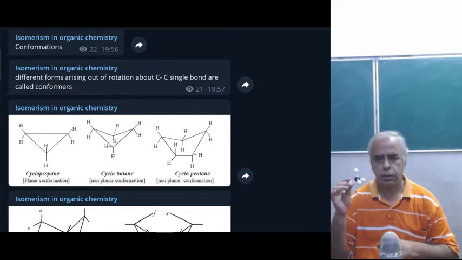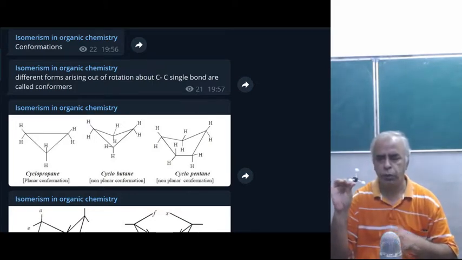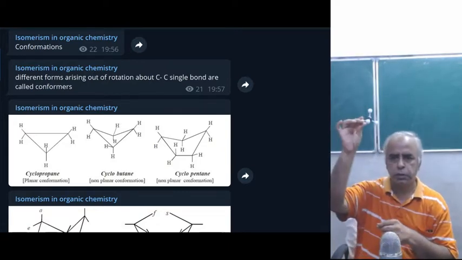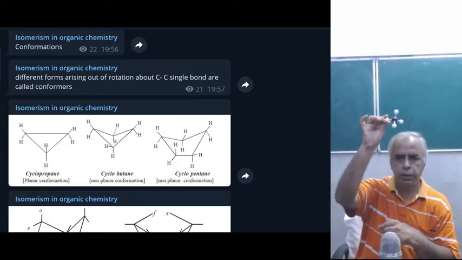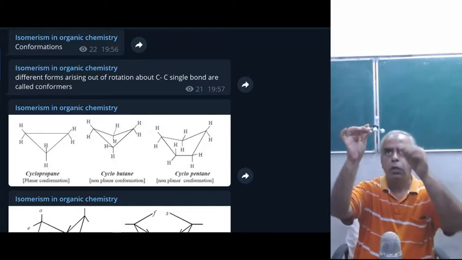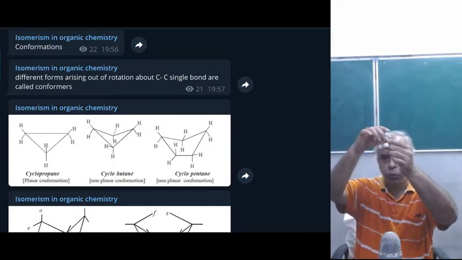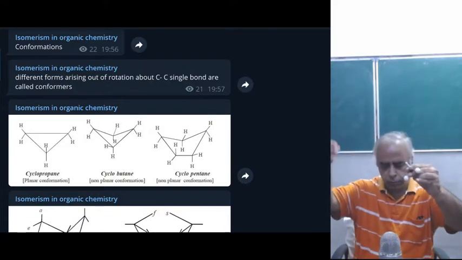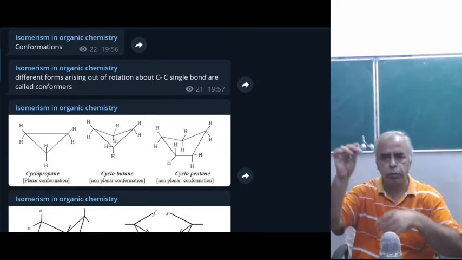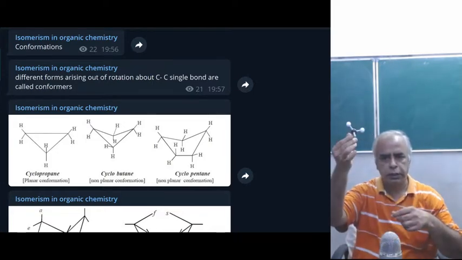Look at this. This is the methane molecule. This is the tetrahedral structure of methane. Are you able to see this? Now let me pluck off one hydrogen from this. Now it becomes a methyl group, because it has CH3.